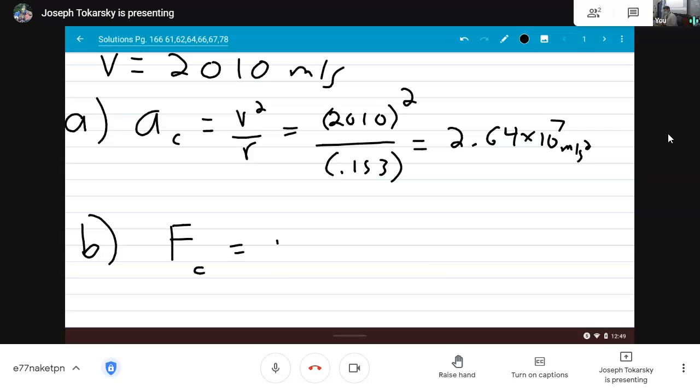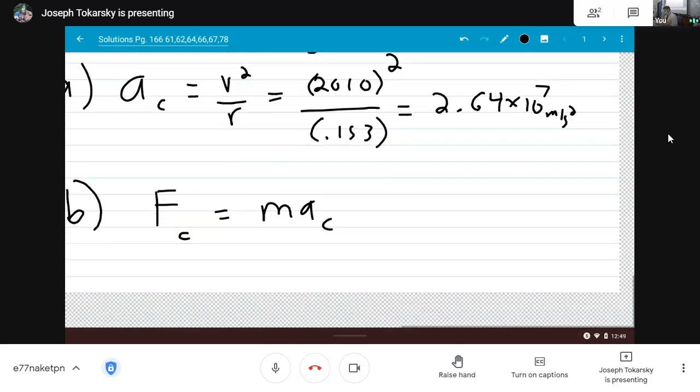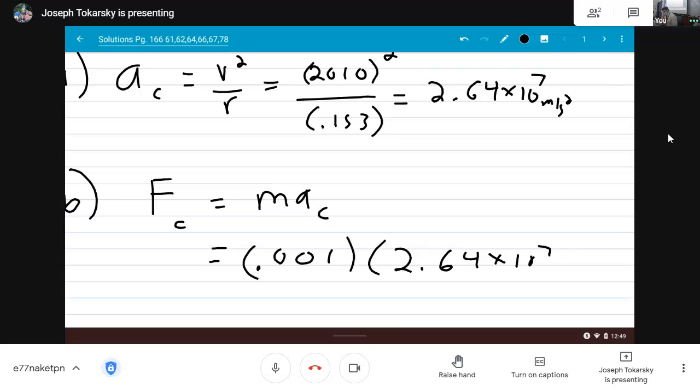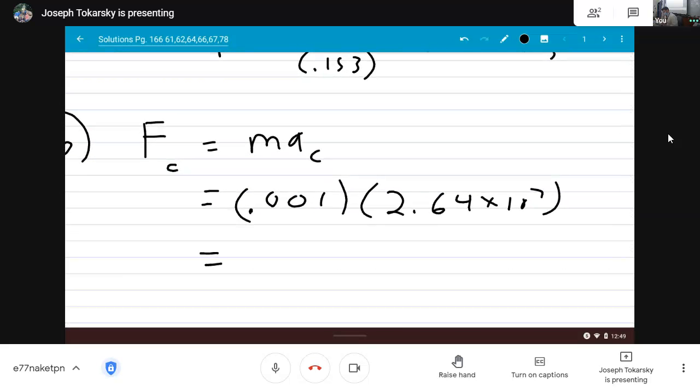And centripetal force is equal to M times AC. It's centripetal because it's making whatever's attached go in a circle. So we take this mass, which when we convert it to kilograms is 0.001, and take it times this really big acceleration from above. That'll be the force.